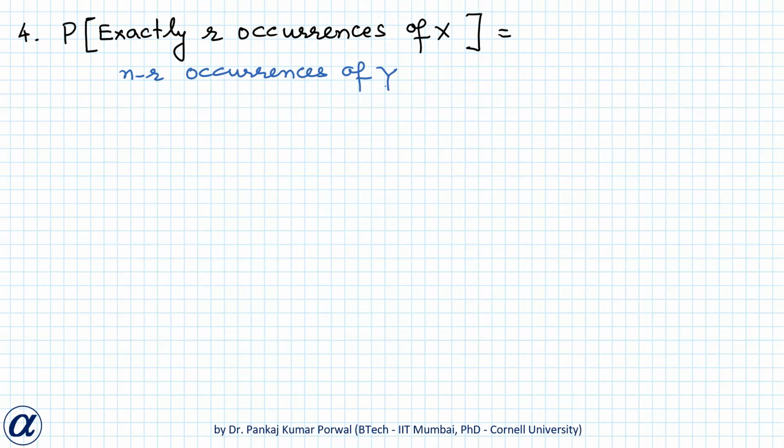So writing this probability in terms of the number of occurrences of x, we do n, the total number of trials, C, the number of occurrences of x, that is r, then the probability of occurrence of x, that is p, raised to the power of the number of occurrences of x, that is r, into the probability of occurrence of y, that is q, raised to the power of the number of occurrences of y, that is n minus r.